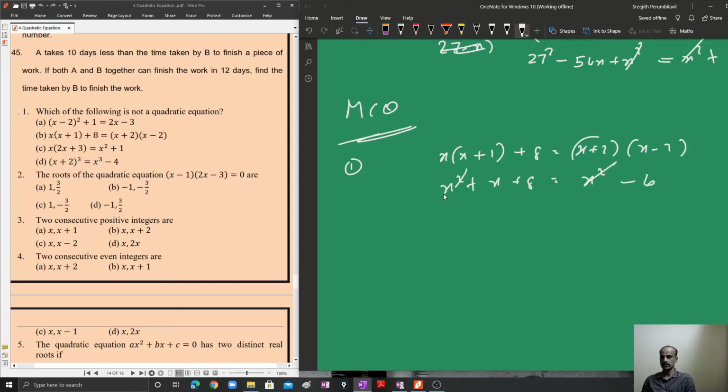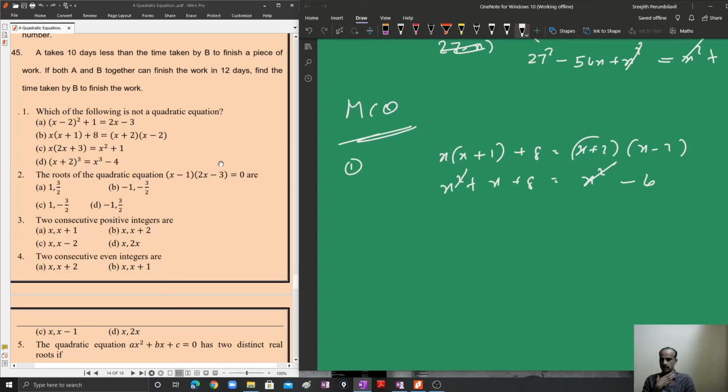X square and x square cancel. So there is no x square term. That means this is a linear equation, so this is not a quadratic equation. Similarly, this is also not a quadratic equation, because the x square terms get cancelled.